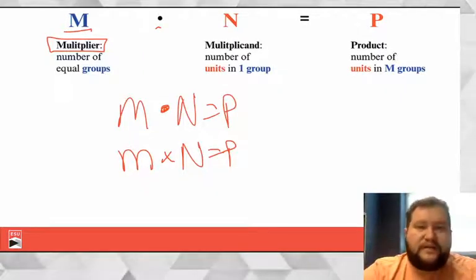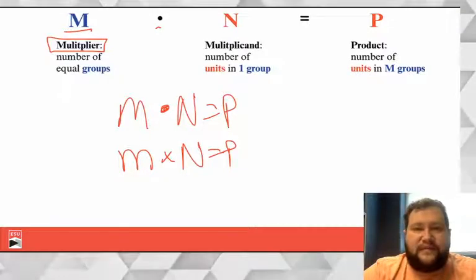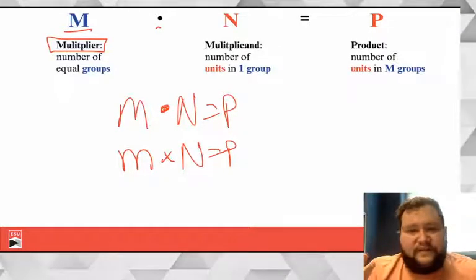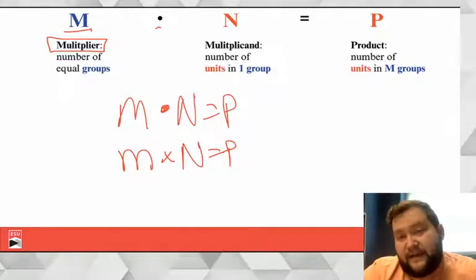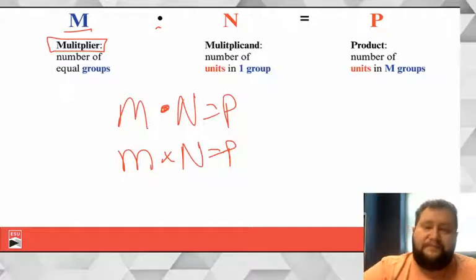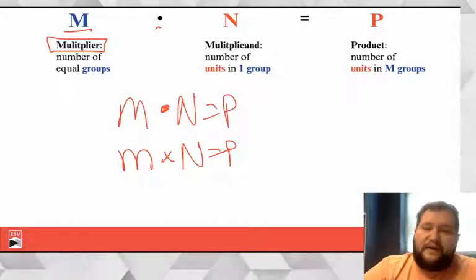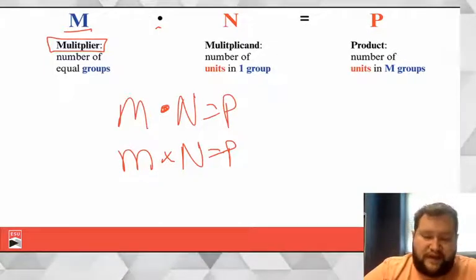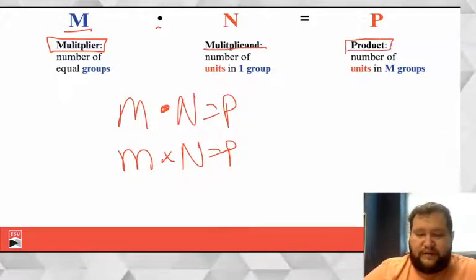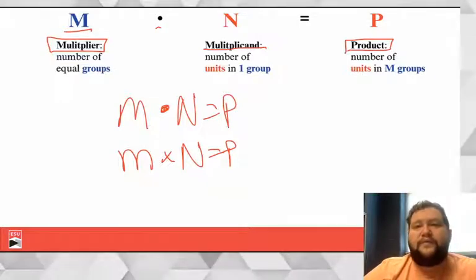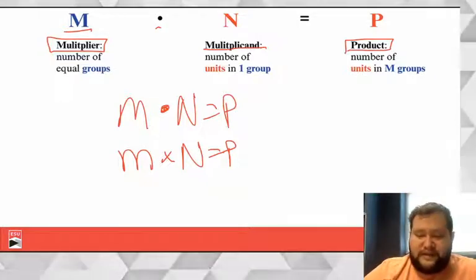I tend to use the dot because once we get to algebraic thinking and have variables, x is our go-to variable, and it's hard when you have x times 5 and you would have x 5. Just like we had our minuend minus our subtrahend, we have a multiplier times our multiplicand, and together they give us our product.